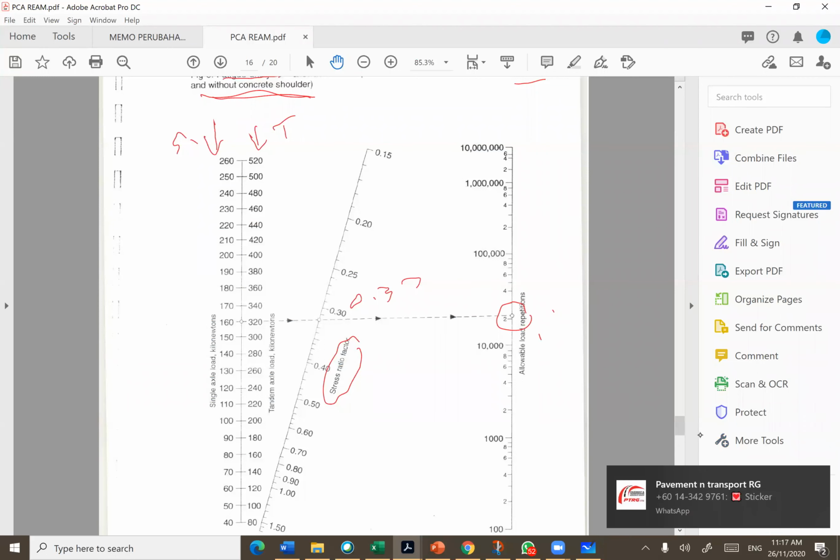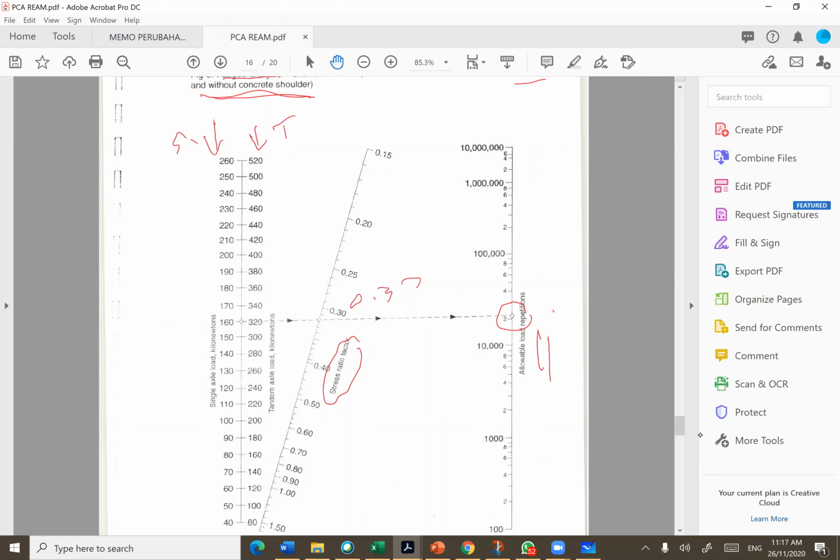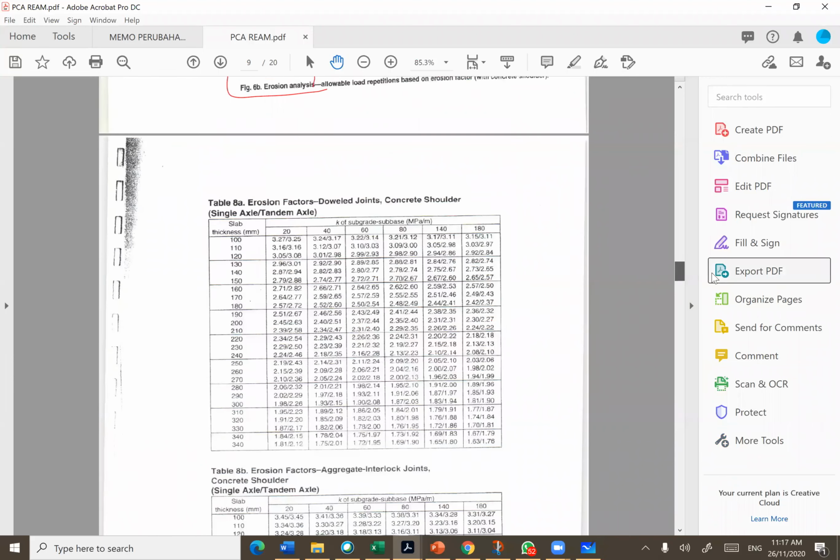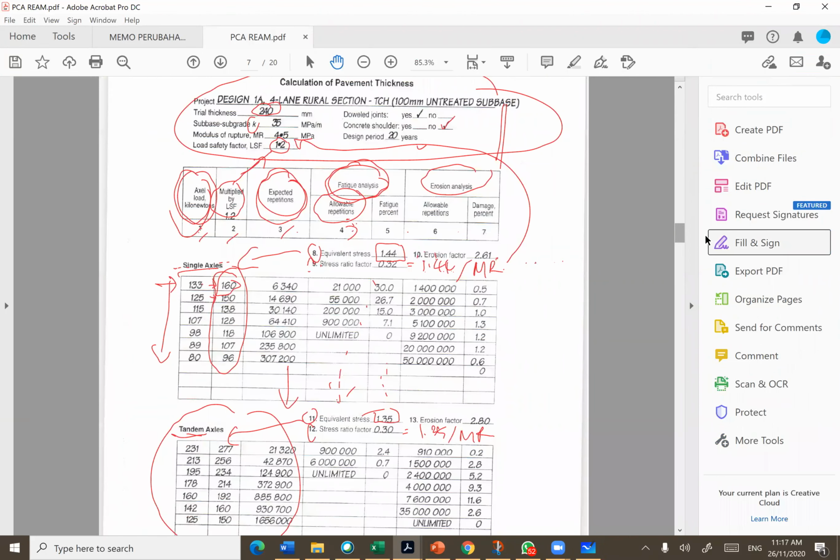So this is the allowable load repetition. In this case, you will get roughly 20,000 above. So they wrote here 21,000.